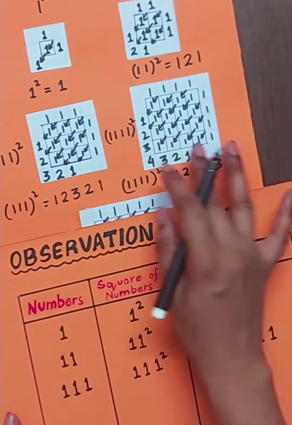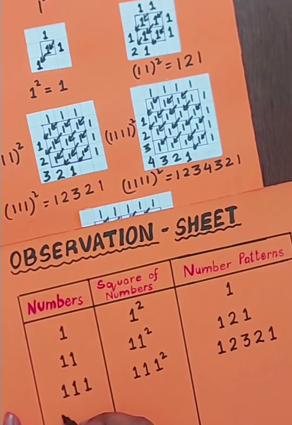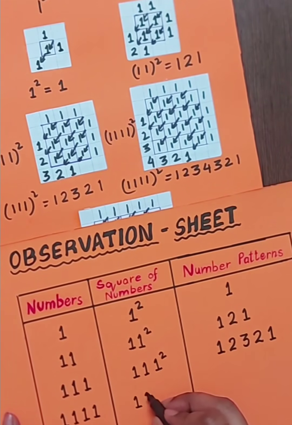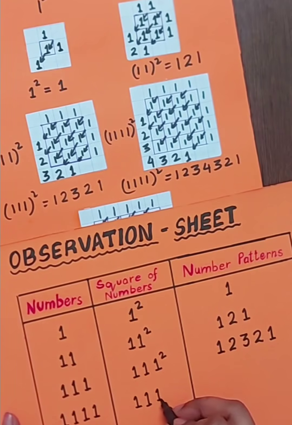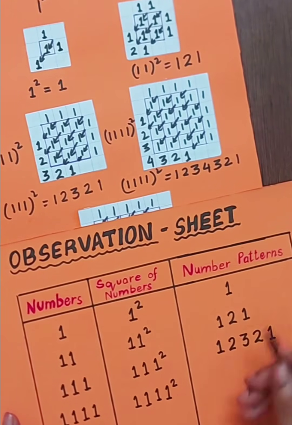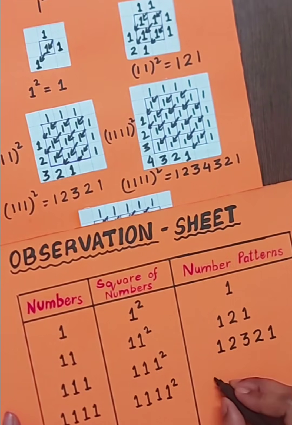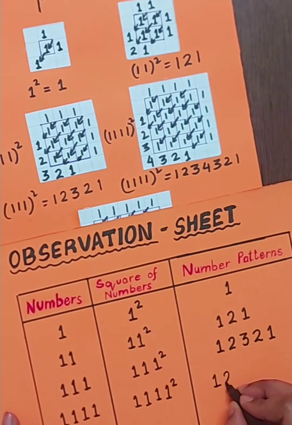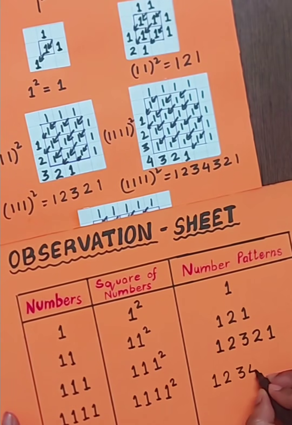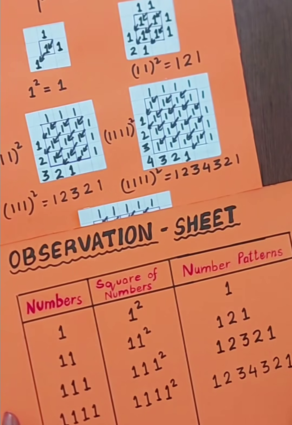Similarly, in the fourth square, we'll write the observation. 4 times 1. Square of this number, and the number we are getting is 1, 2, 3, 4, 3, 2, 1.